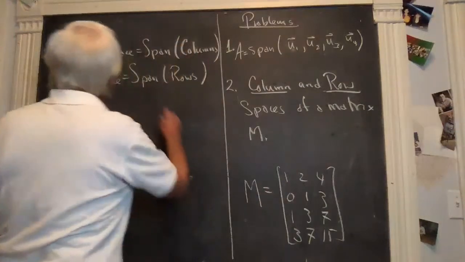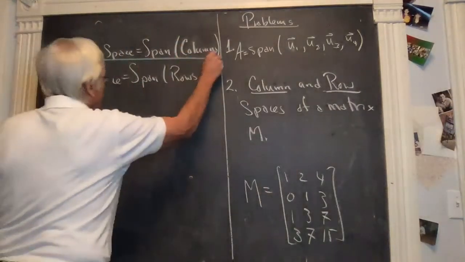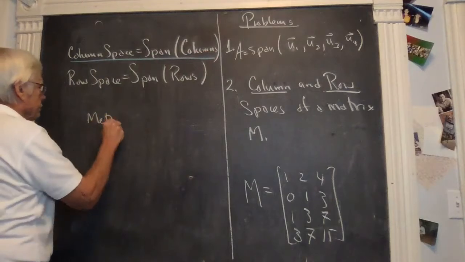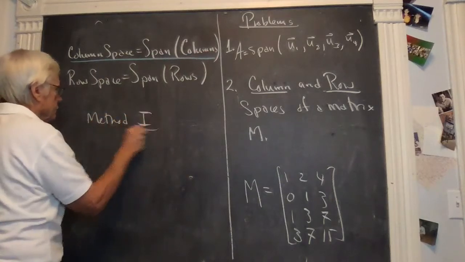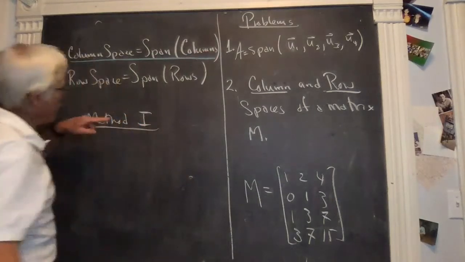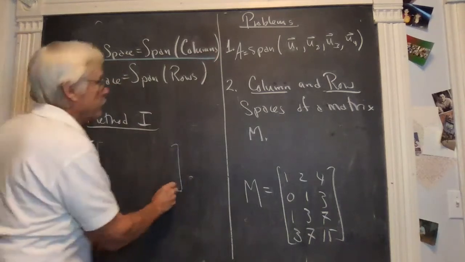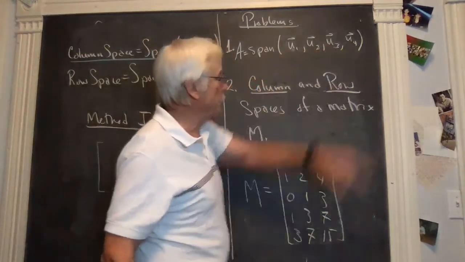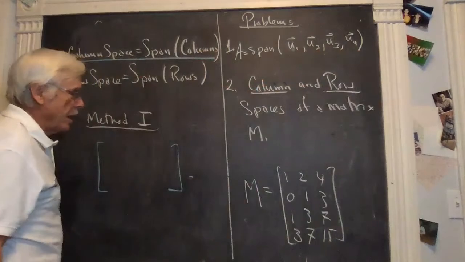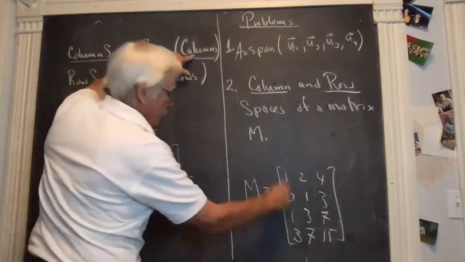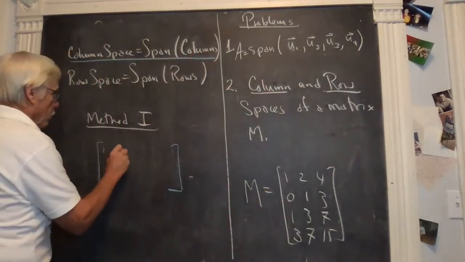So if we are looking at the column space and we wanted to use method 1, method 1 on the column space means you take the vectors that you're interested in, U1, U2, U3, U4, however many you've got, and you put them in rows. And what we're interested in are the columns. So here I put that in a row.